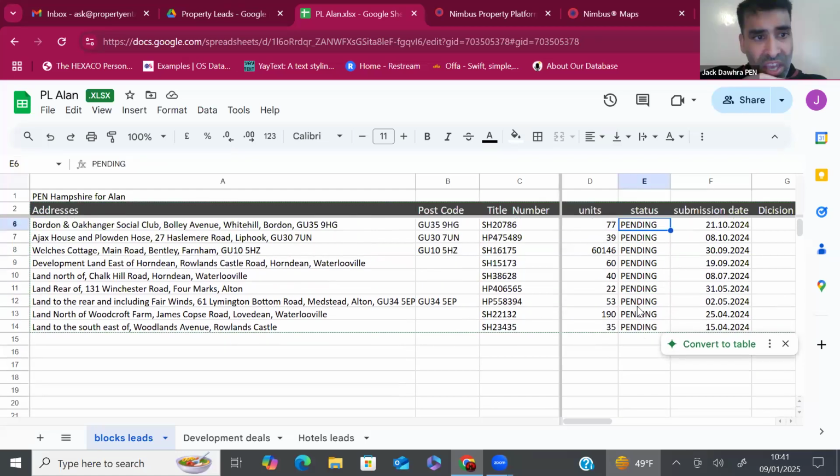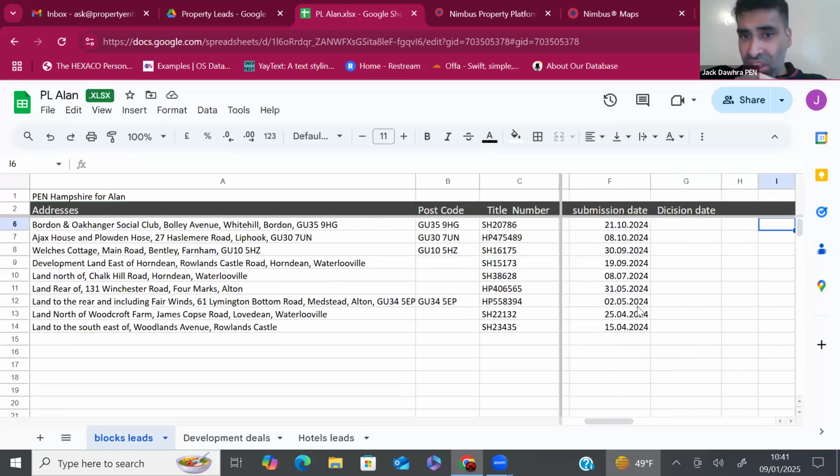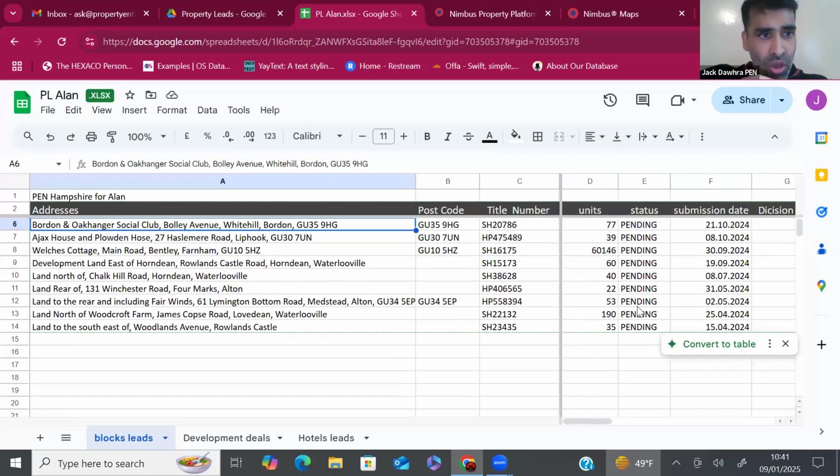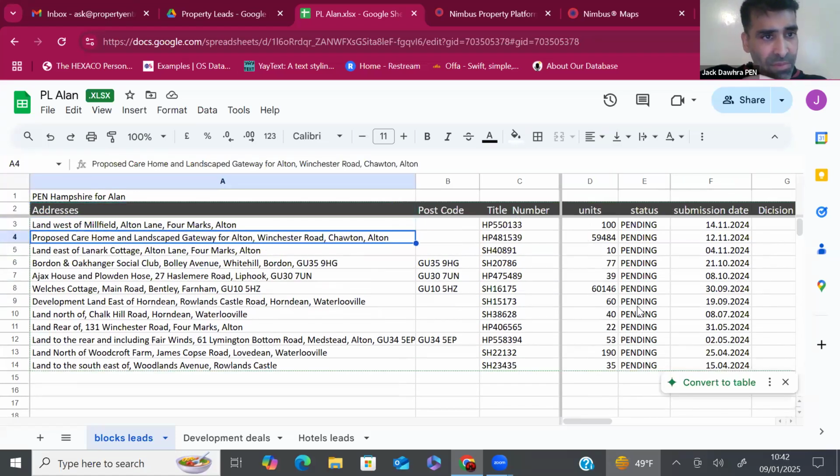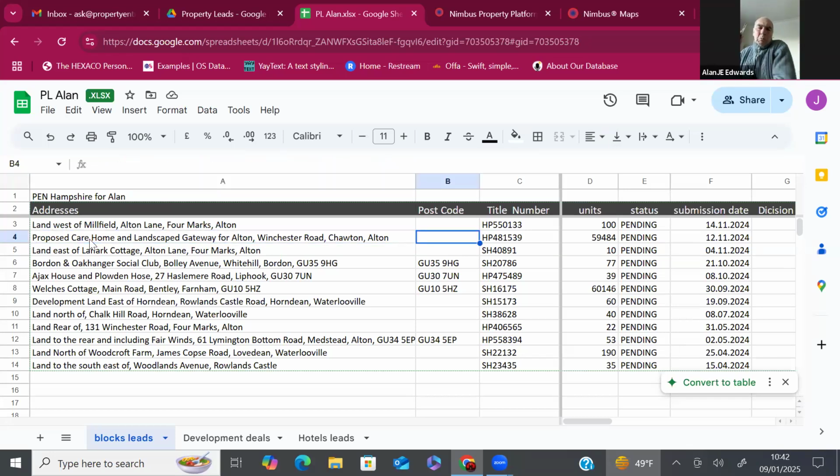Also, please always read the notes that come with it. When you look here, it says proposed care home and landscape, it's a proposed care home and not a residential block. Always use the accompanying notes, because without them, you're almost going blind.